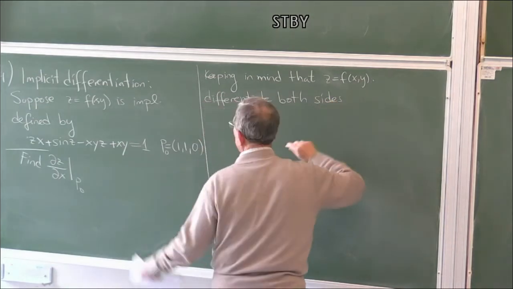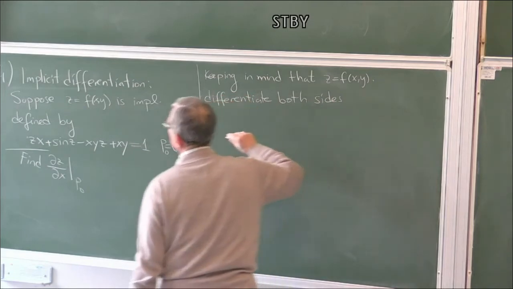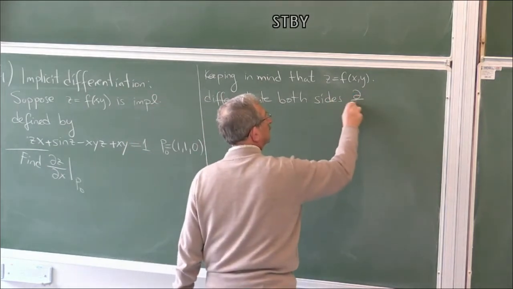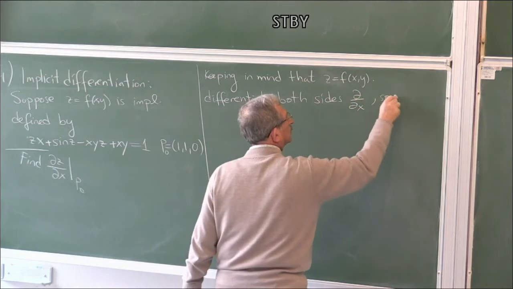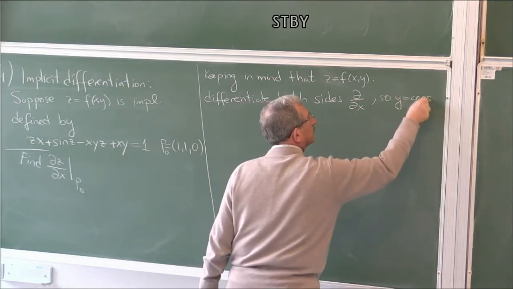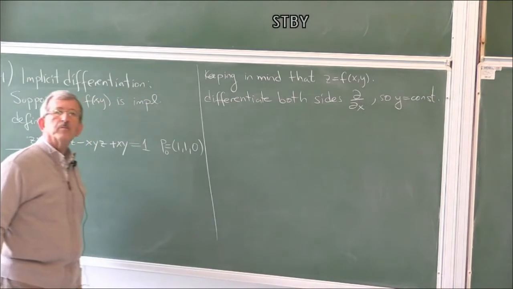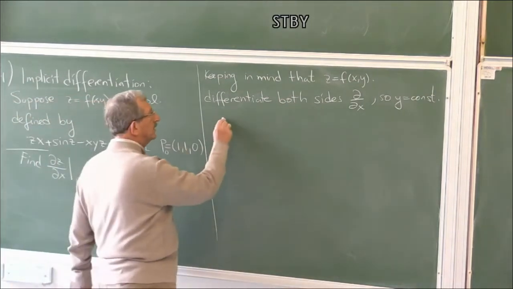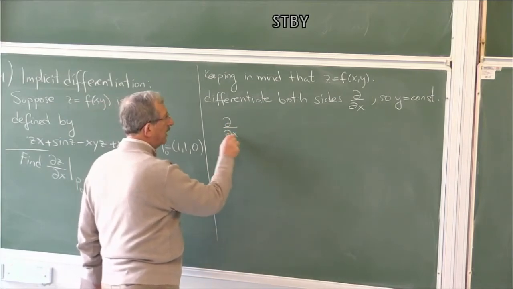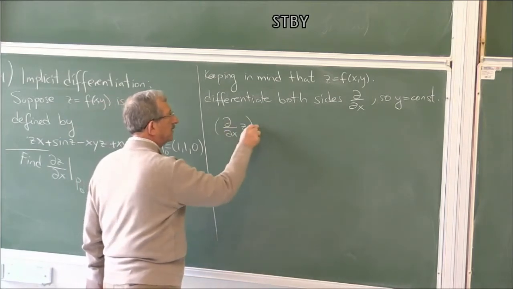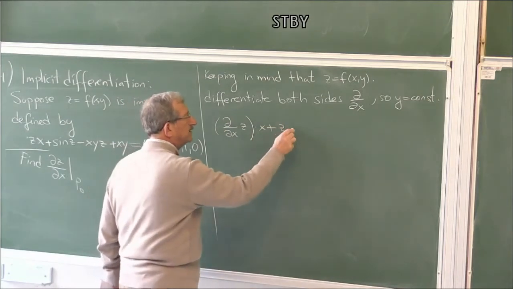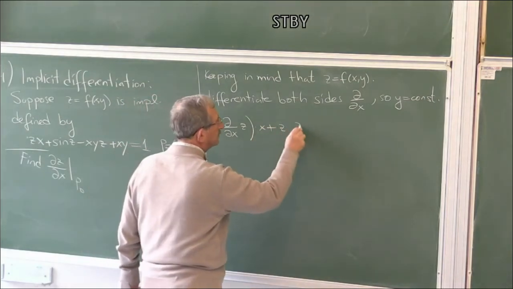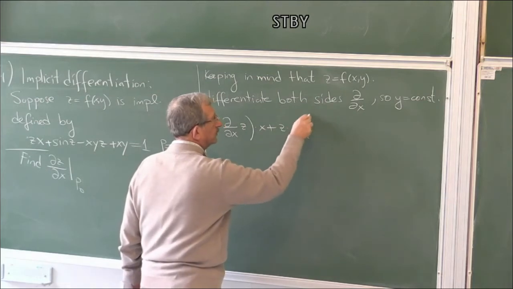Okay, how? We want del by del x, so y is constant. Now what does this tell us? Well, let us start from here. x is the variable, but z is a function of x, and y is constant, so it would start del by del x of z times x plus z times derivative of x, which of course is 1.